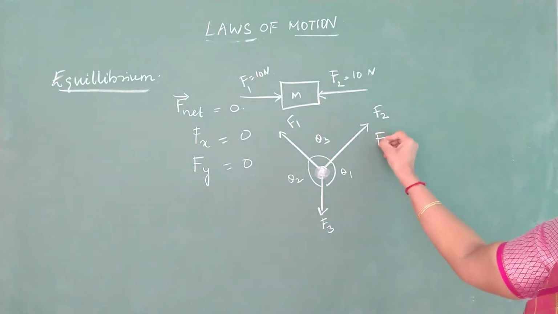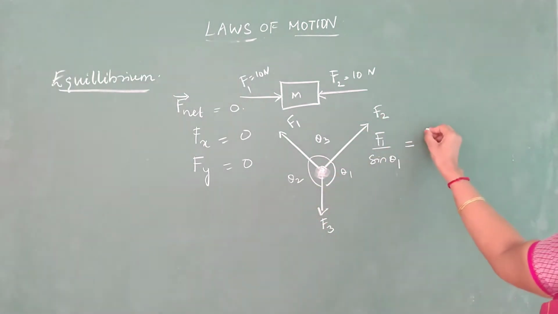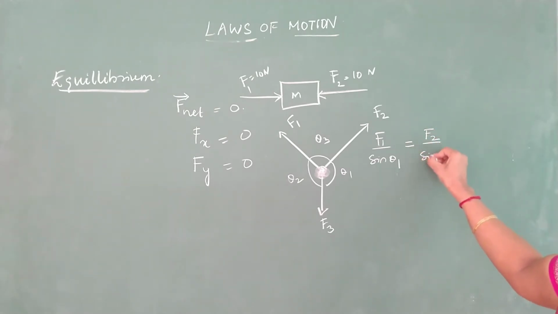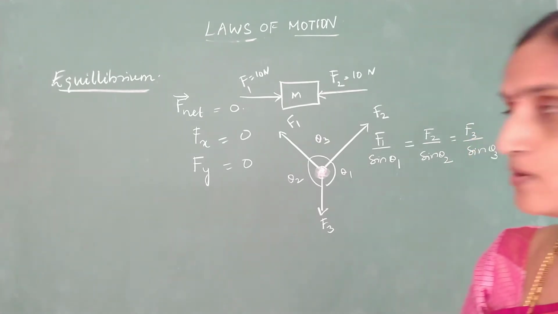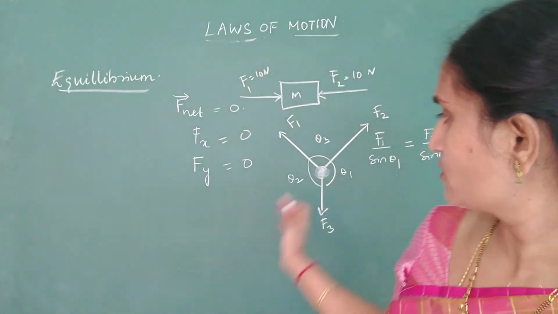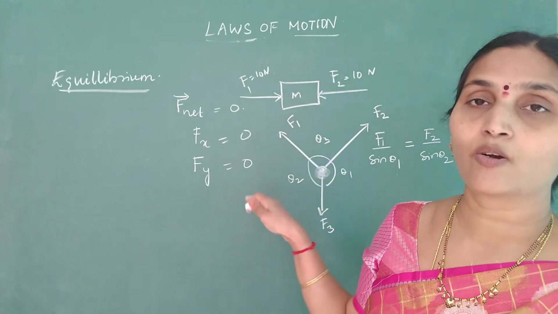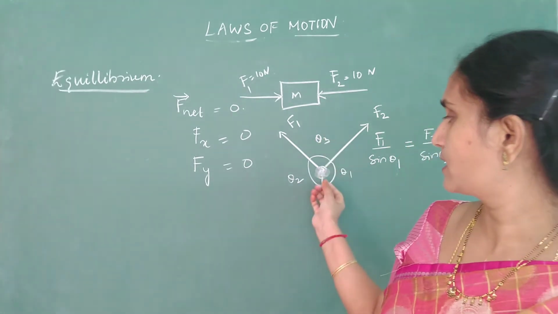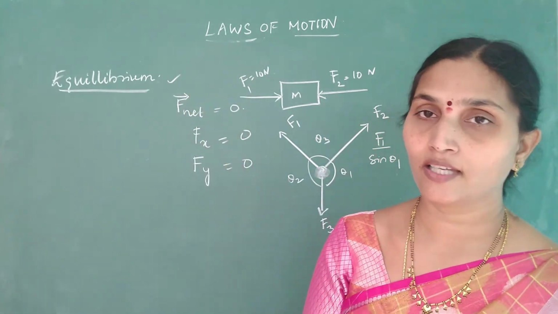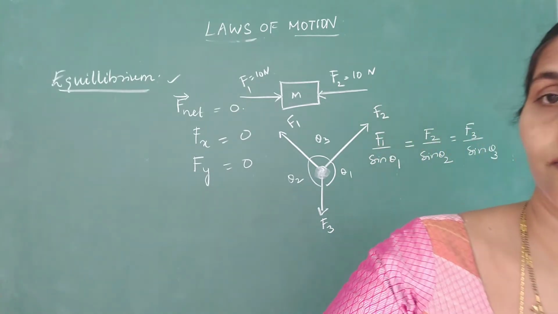According to Lami's theorem, F1 by sine theta 1 becomes equal to F2 by sine theta 2, which should be equal to F3 by sine theta 3. So either you can apply Lami's theorem or else you can resolve the forces into components. All x components should be balanced and y components should be balanced. Any of these two methods will give you the net force as 0, and then we say the body is in equilibrium. So related to equilibrium also, let us discuss two example questions.